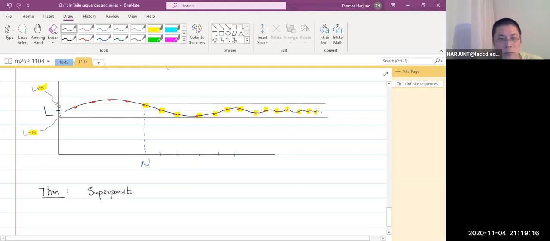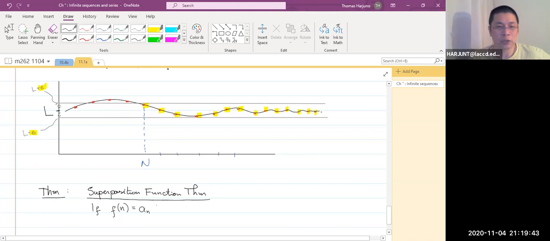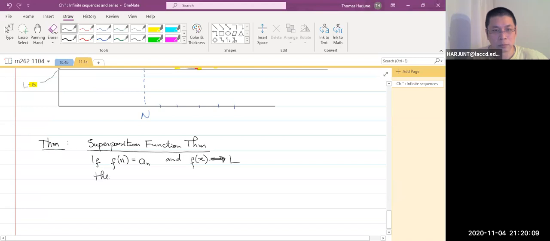It says: if F(n) equals the sequence, if you limit the function to the integer domain, and the real function, instead of just the integer function, has the limit L as x goes to infinity, then the sequence also converges to L.